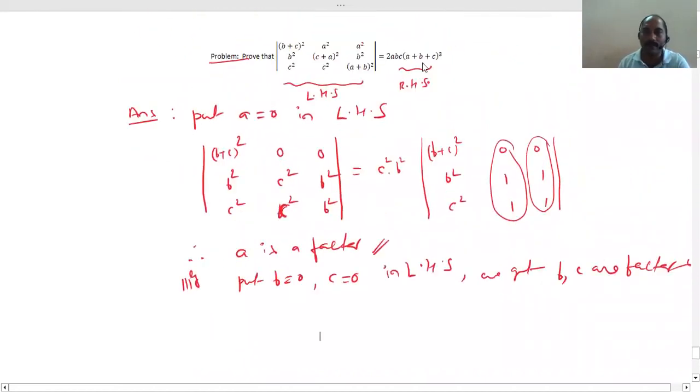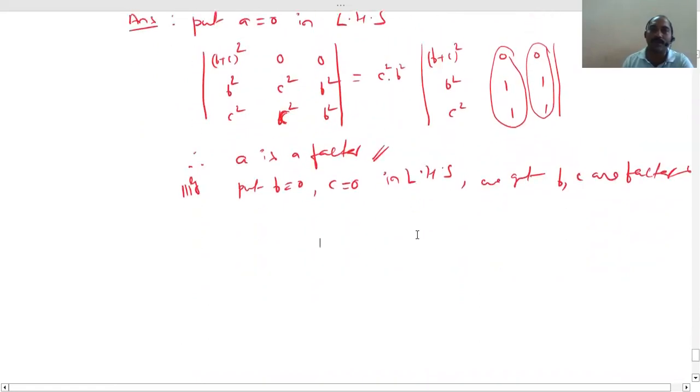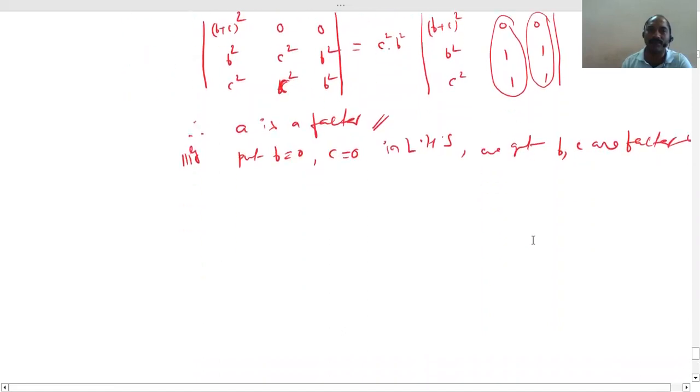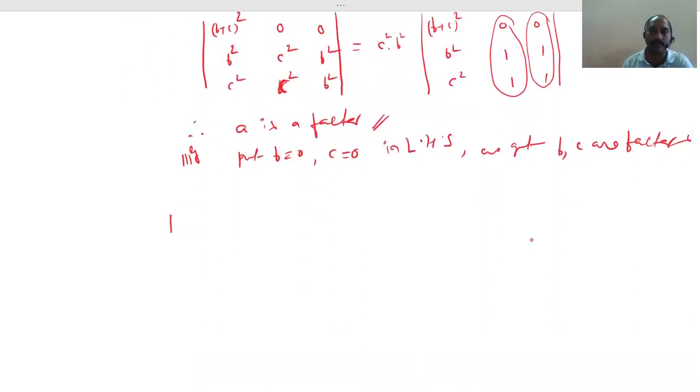So other than a b c, how many factors are there? A plus b plus c whole cube and 2. So now our intention is put a plus b plus c equal to 0. That implies b plus c becomes minus a.